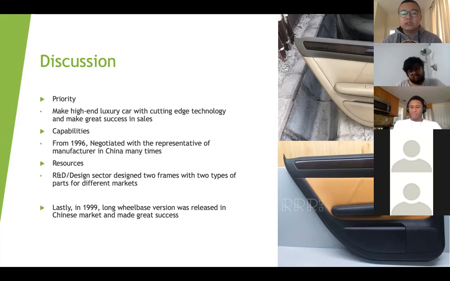They were not the drivers of the vehicle, so they sat on the rear seat and needed larger space.